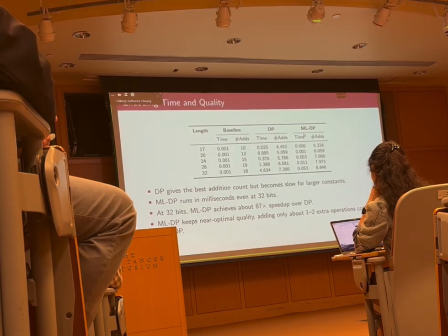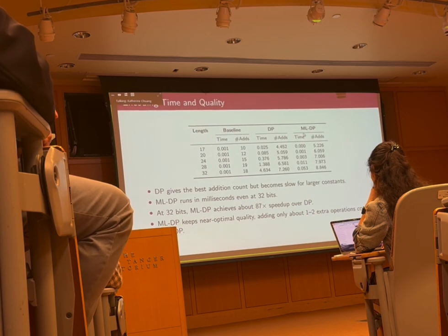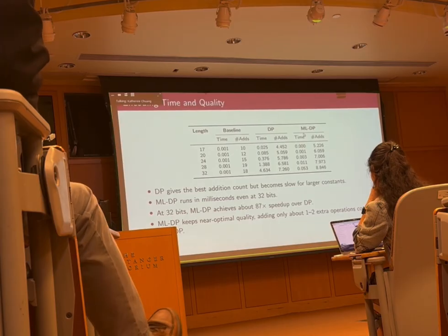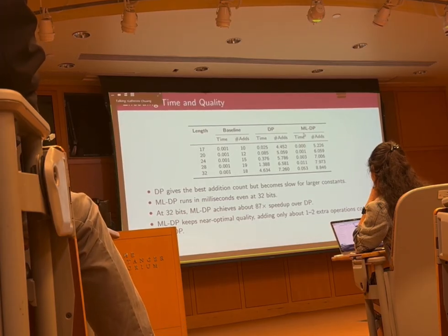However, the thing is that we are trying to balance the time and encoding. So here machine learning makes it run in milliseconds even at 32 bits. That means, okay, the time is acceptable.